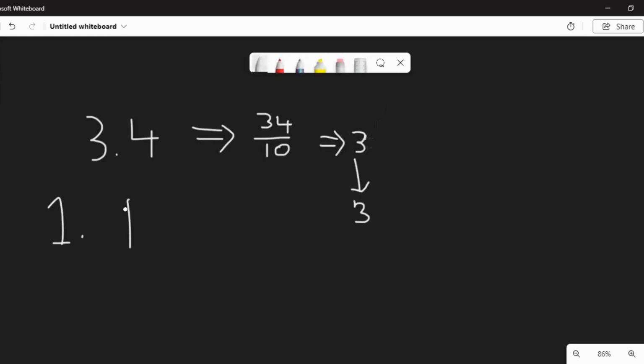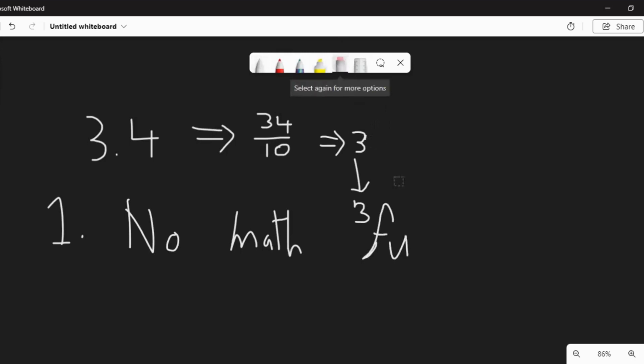So, not functions exactly, but more the calculations: there are no math calculations for this.